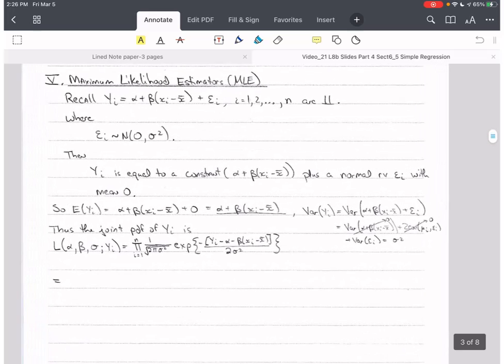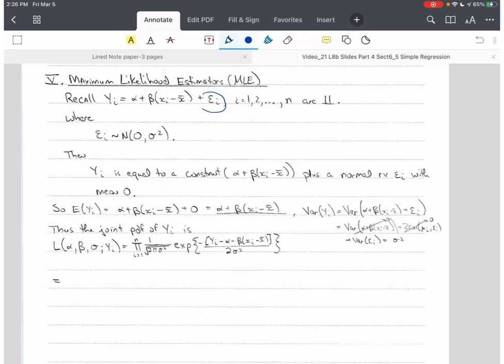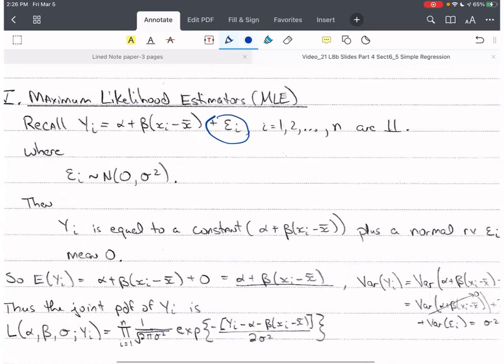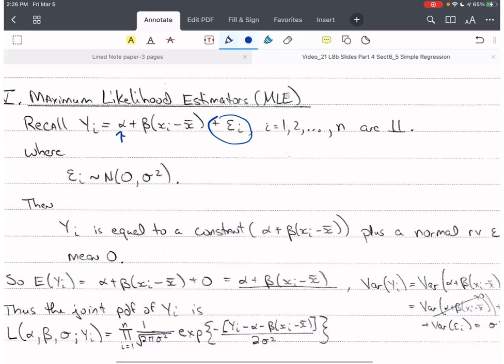All right. So recall that our line is yi equals alpha plus beta times (xi minus x bar) plus epsilon. Now, I want to point out about this epsilon. We use this when we use population parameters, not estimators. So this is a theoretical model that we do not know, okay?